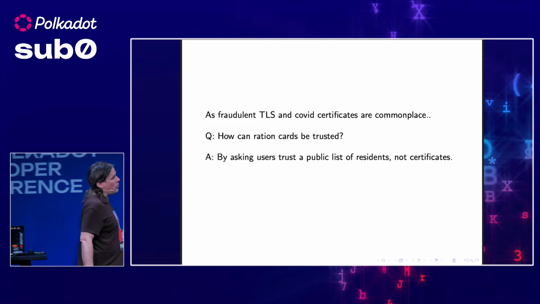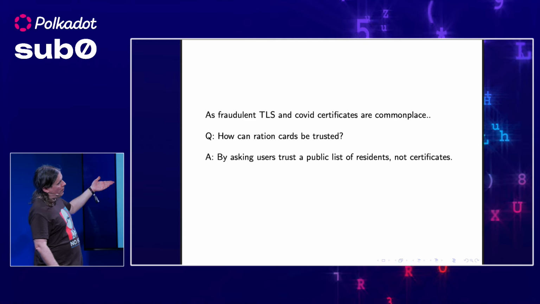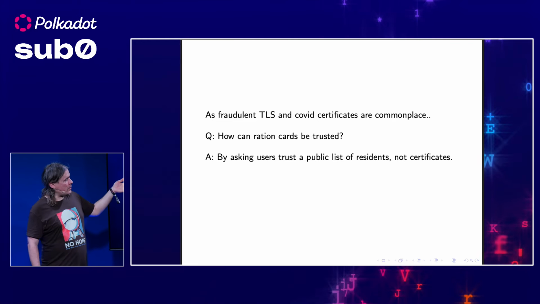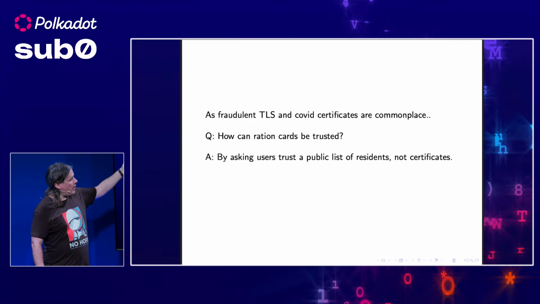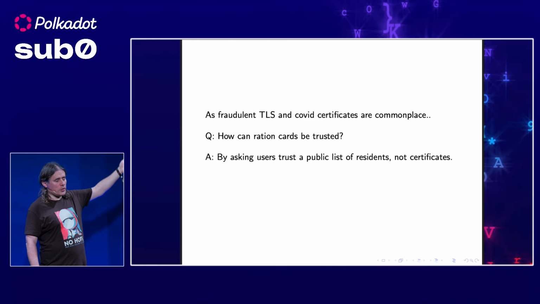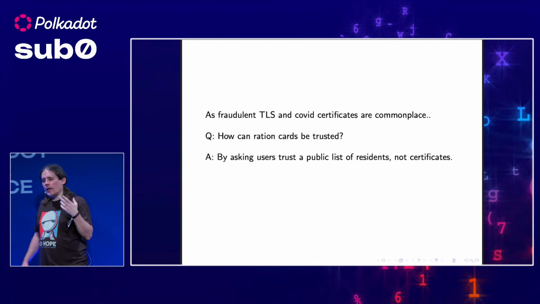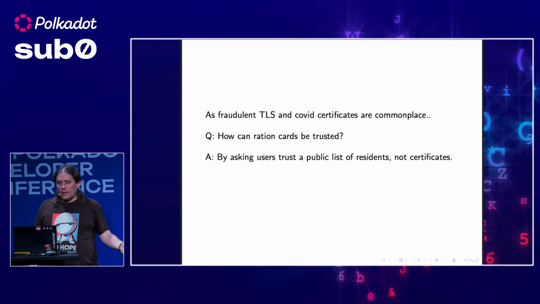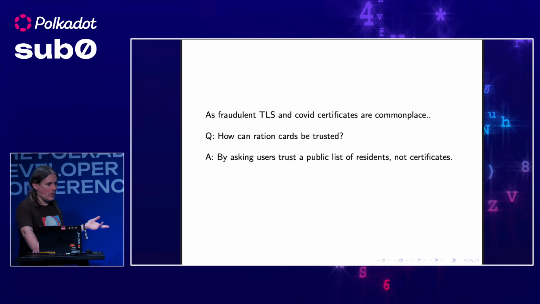This is why a lot of times when you have certificates, people want some revocation path. But in general, there's a problem with fraudulent certificates. This is why, in the case of TLS, they developed this certificate transparency log system.